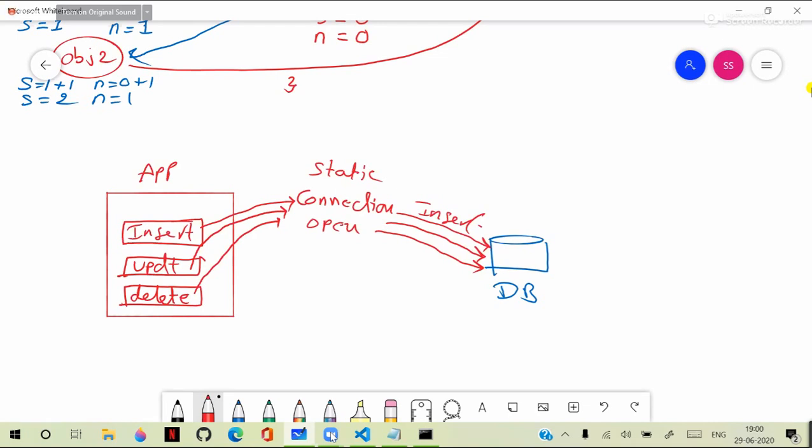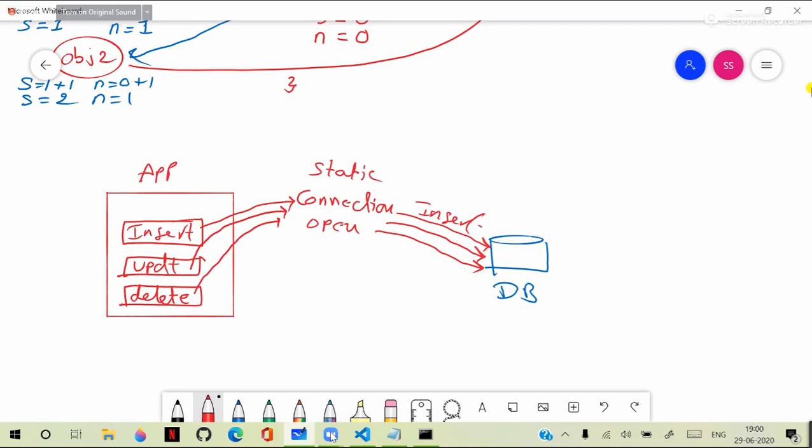Why does it occupy more memory? Because it still remains in the memory even if it is not in use. Understood? Obviously, then it has to occupy more memory. That is actually the point here.